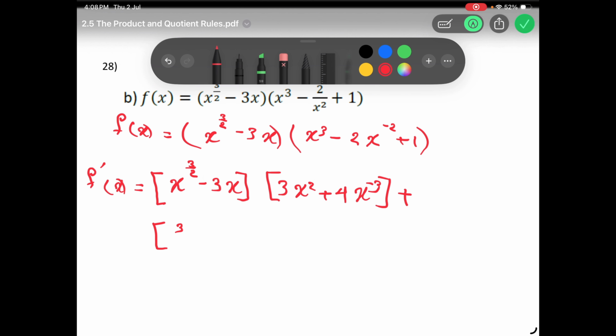It will be 3 over 2 x to the 1/2 when we subtract 1, minus 3x, it will be 3. And now I will keep the second as it is, x cubed minus 2x to the power of minus 2 plus 1. Okay, that's it.